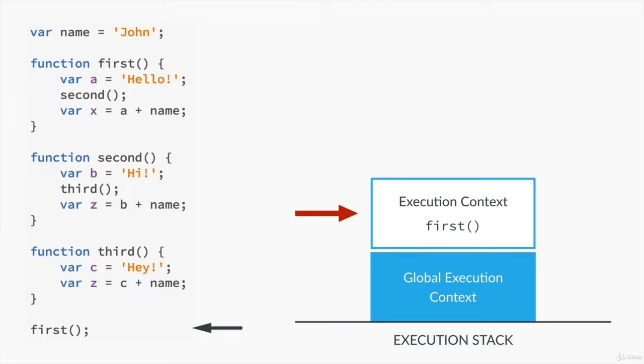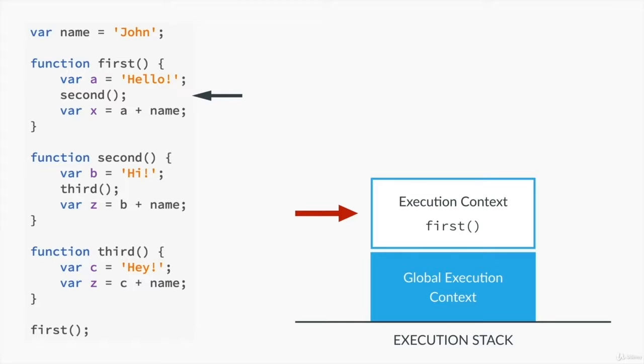Okay, so let's get inside the first function with our arrow. So this a variable will now get stored in the execution context for this function, and not anymore in the global context.